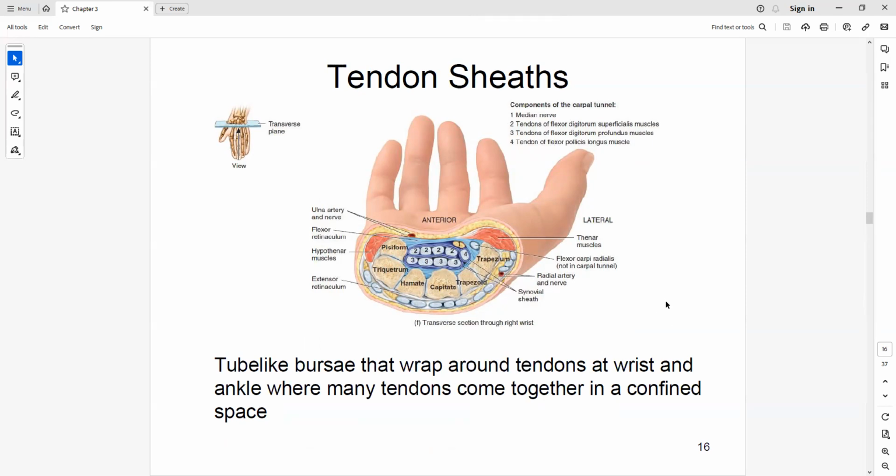Those tendons are going towards the fingers, and the muscles in the forearm will pull on those tendons to move our fingers. Because these tendons run from the forearm all the way to the fingers, they have to go over the surface of the carpal bones, wrist bones.